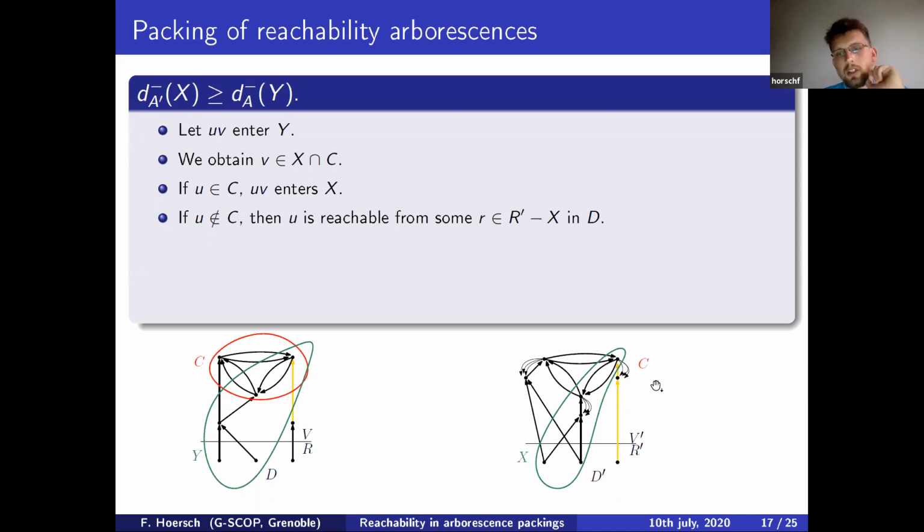Now, I don't know if my artificial vertex I have created is in X. But this vertex r is not in X. And then I have a path of length 2, and then I end in X. And then one of these two arcs has to enter X.